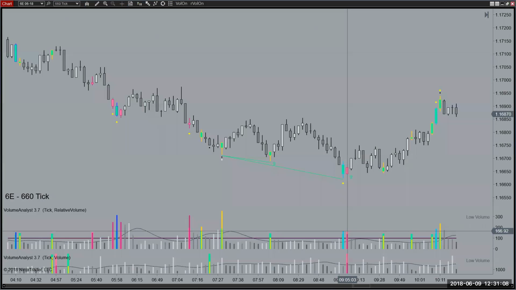It's telling us how dense that bar is with contracts. So if it's a narrow range and high volume, well, that's a very dense bar, you see?